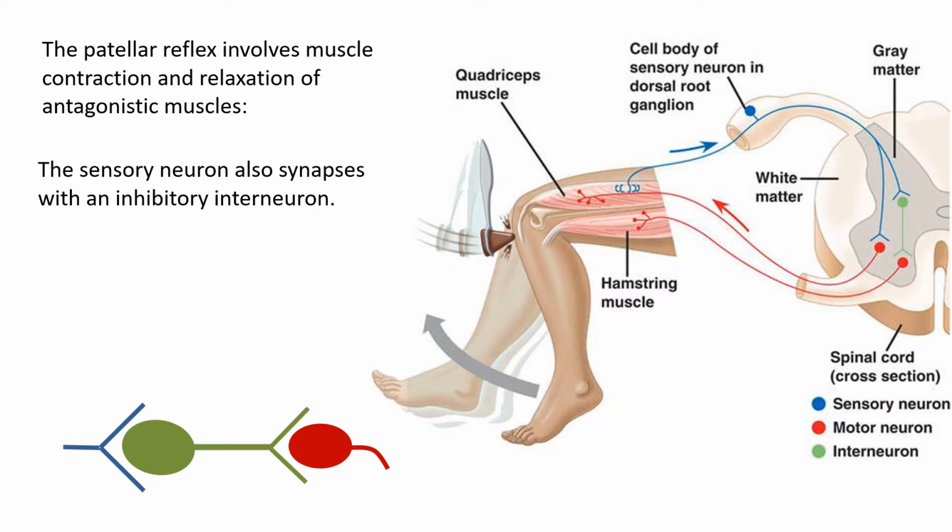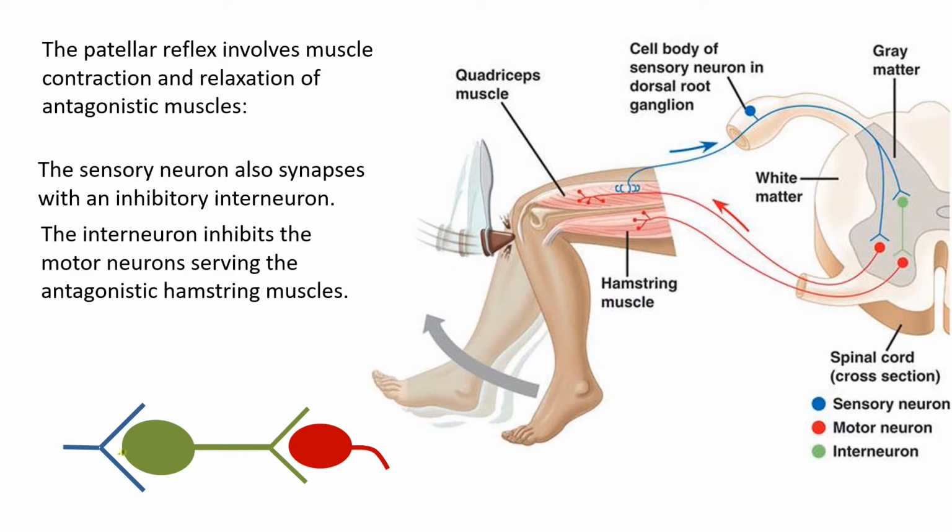It's preventing action potentials, inhibiting the action potentials from going to the hamstrings, so the hamstrings stay relaxed. So the sensory neuron also synapses with an inhibitory interneuron. The interneuron inhibits the motor neurons serving the antagonistic hamstring muscles.